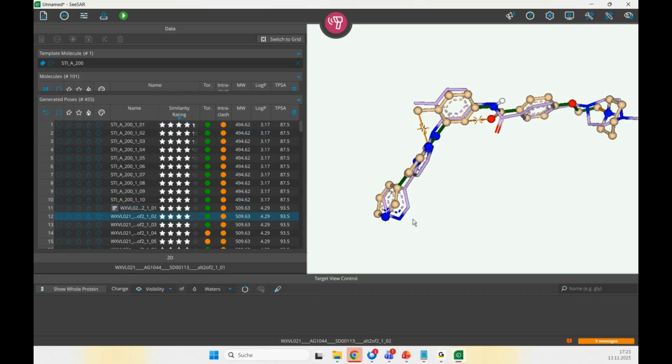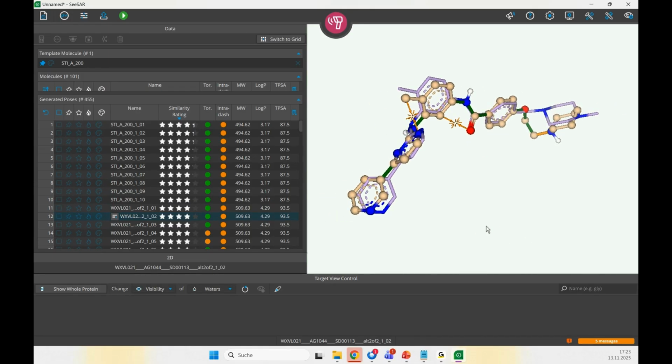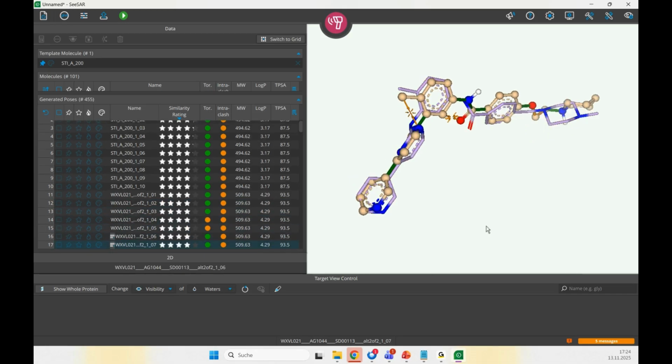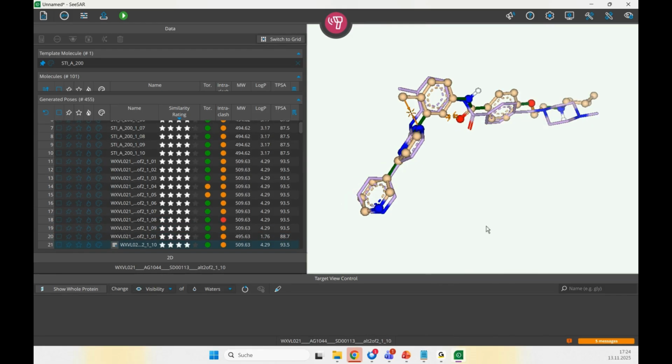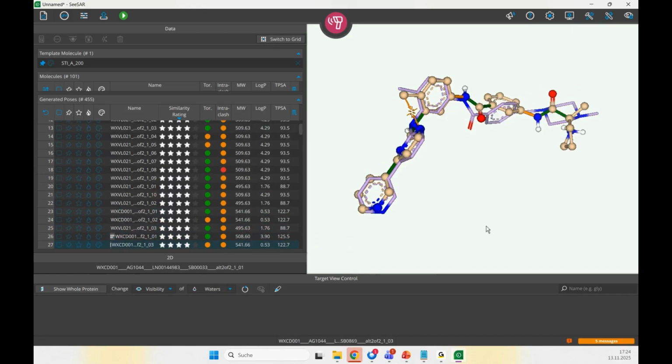So therefore, this amide carbonyl oxygen is considered to be matching because it's also a hydrogen bond acceptor. As for the nitrogen here, this one is protonated, and therefore this particular region is aligned with the hydrogen bond donor in this case.